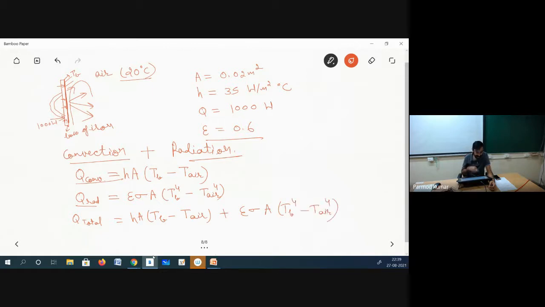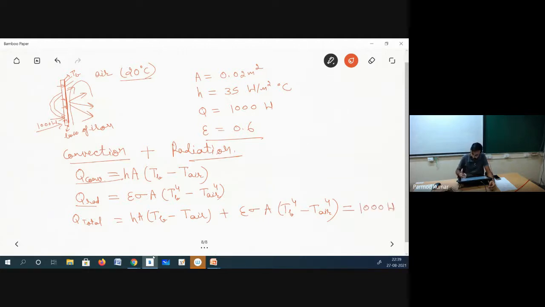And as I told you, under steady state conditions, whatever heat is going to the air will be equivalent to the amount of heat supplied to the iron in the form of electrical energy. That is nothing but a 1000-watt iron, so I will write this entire heat equal to 1000 watt.